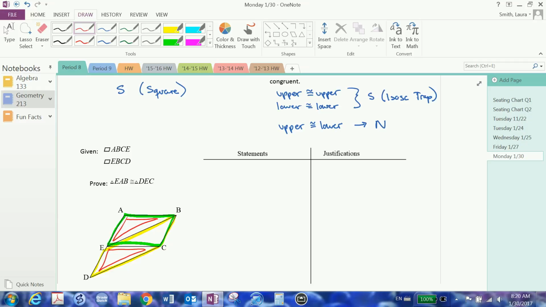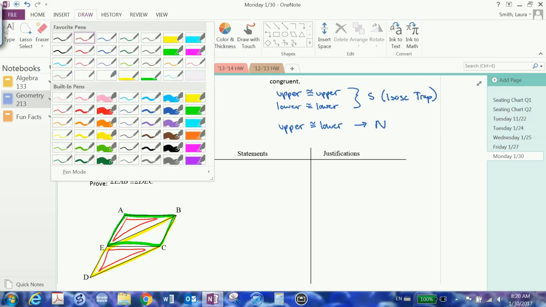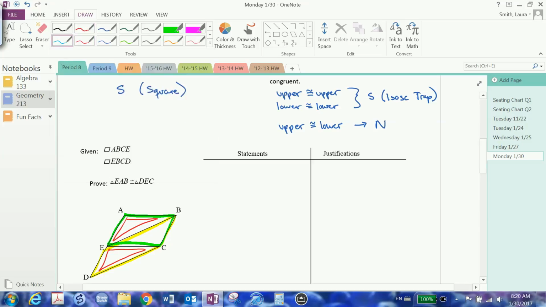Okay, welcome back. So when I look at what I have and where I'm trying to go, what I know and what I want to know, I'm thinking about how would I prove these two triangles congruent? Well, I've already got some information from my green parallelogram. I think I can get sides of my triangle.